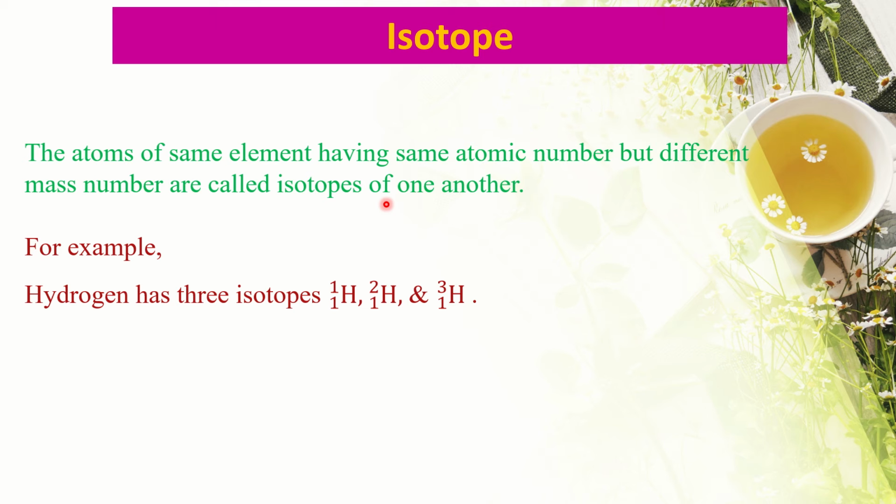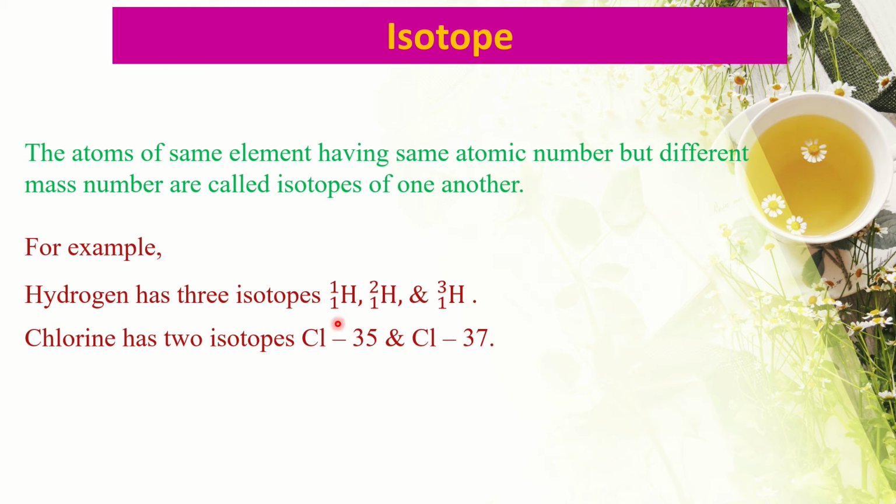We know that the mass number of hydrogen is 1, but there are very few hydrogen atoms whose mass number is 2, and there are very rare hydrogen atoms that have mass number 3. But most of the hydrogen atoms have mass number 1, so we can tell that the mass number of hydrogen is 1. In this way, chlorine has two isotopes, chlorine 35 and chlorine 37.